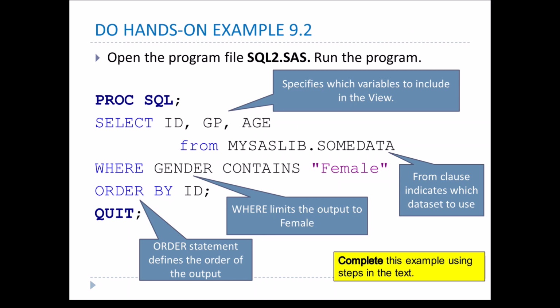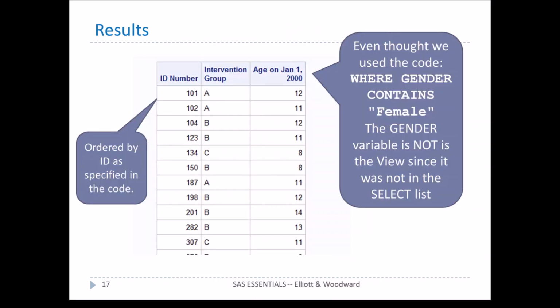So notice here, we only have 3 variables listed: ID, group, and age. Those are the only ones that are going to appear in the view. And so we see those 3 appeared. This is only for female subjects, but gender doesn't appear because we didn't ask for it to appear as one of the columns.